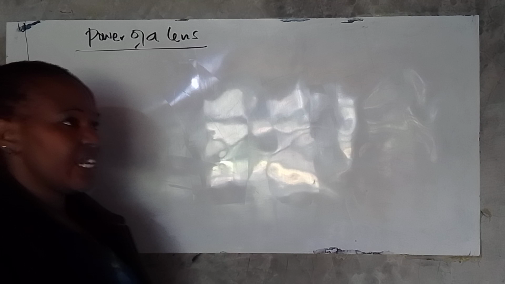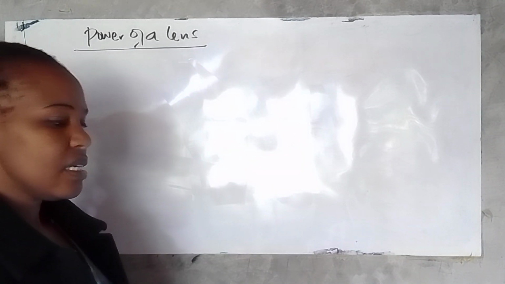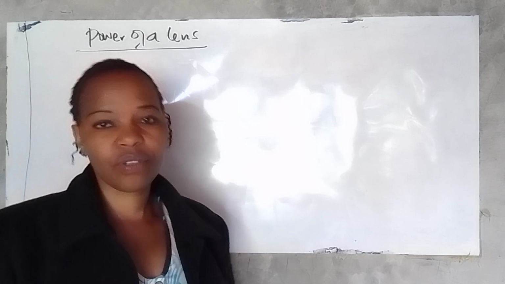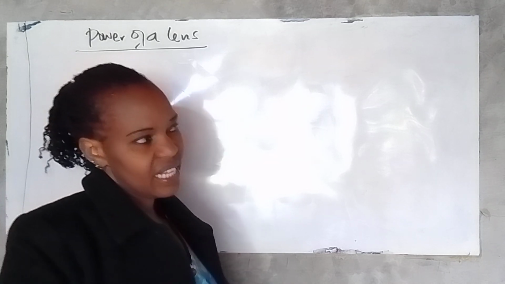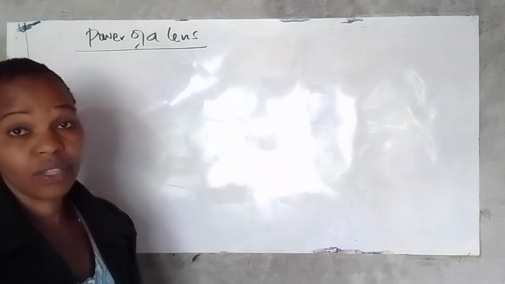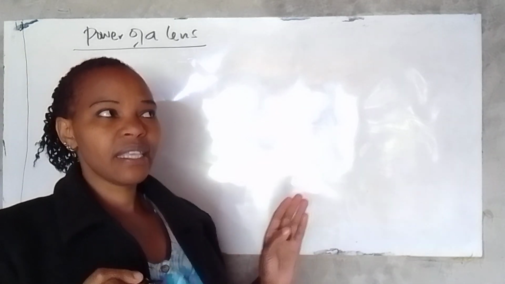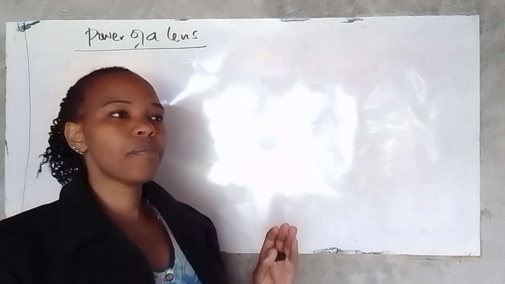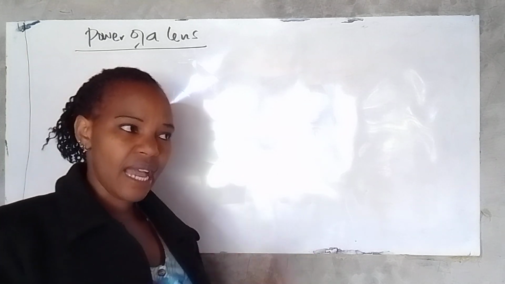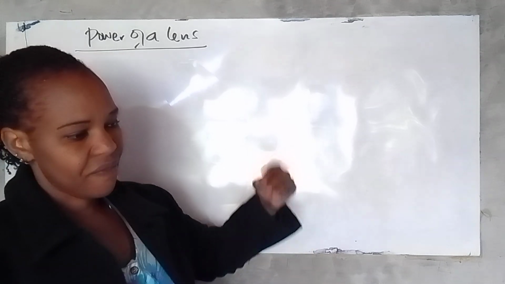The power of a lens is a function of the focal length of that lens. If a lens is very powerful, then it is able to refract light to a very large degree. It can refract light more.